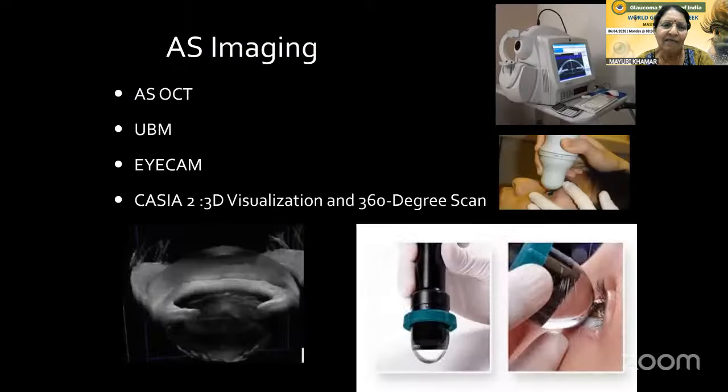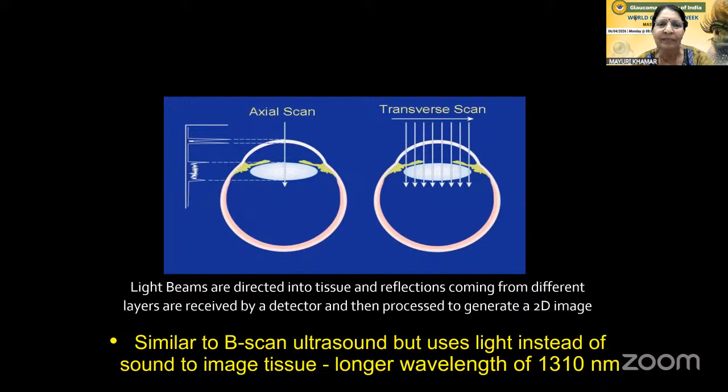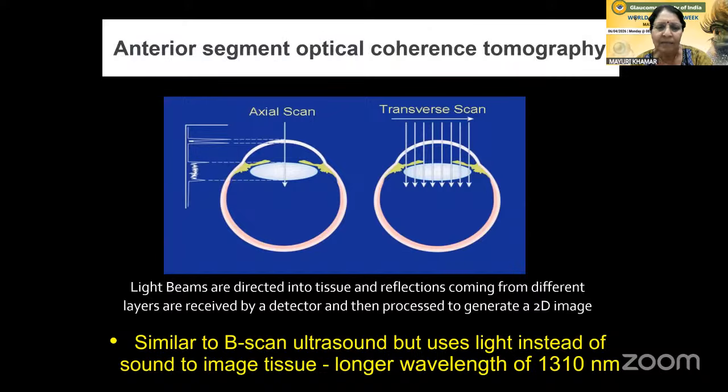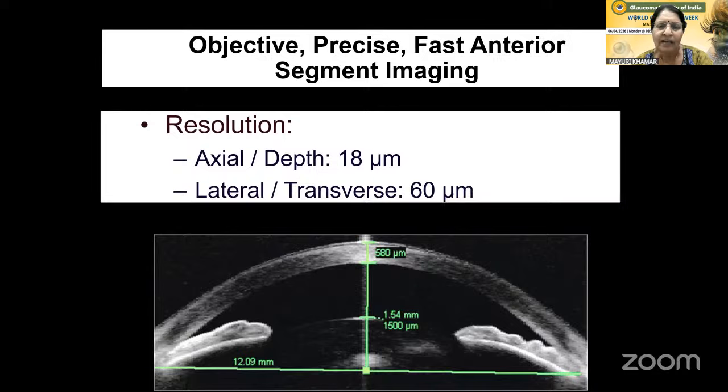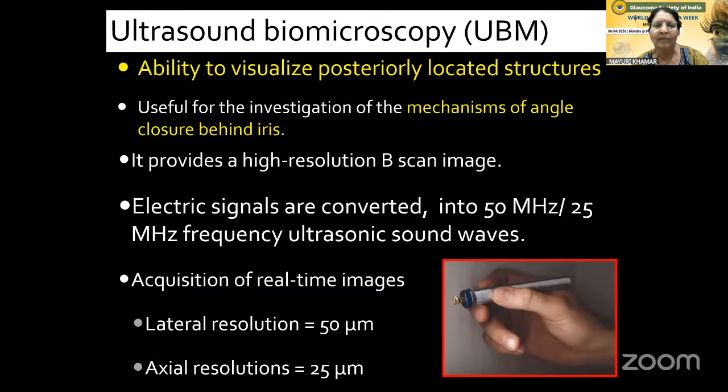So these are the four gadgets available to us: ASOCT, UBM, iCam, and Cassia 2. ASOCT is similar to B-scan ultrasound, but uses light instead of sound to image the tissue. The axial depth resolution is 18 micron, while the lateral transverse is 60 micron.